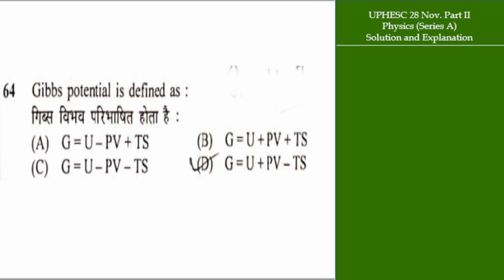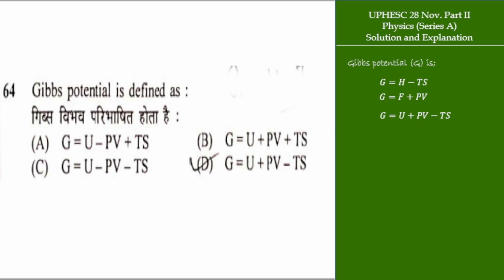Next, question 64. Gibbs potential is defined as. So the correct formula for Gibbs potential is given by either H minus TS, or F plus PV, or U plus PV minus TS.